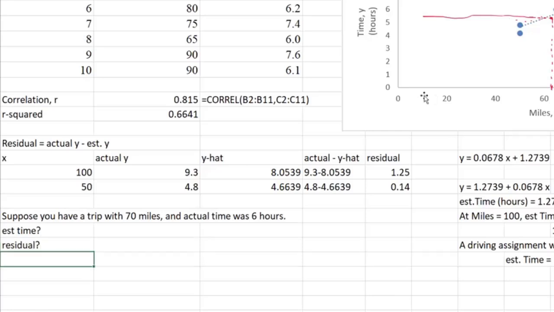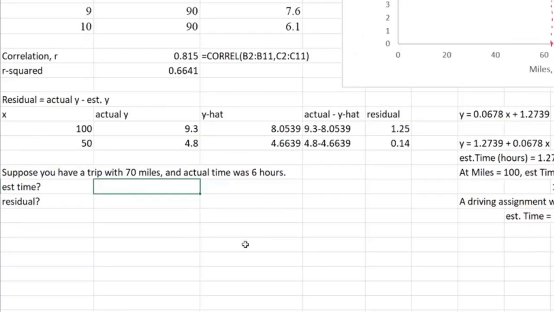Let's do this together. What is the estimated time? I have to go y is equal to 1.2739 plus 0.0678 times 70. So that's my answer, about 6.0.